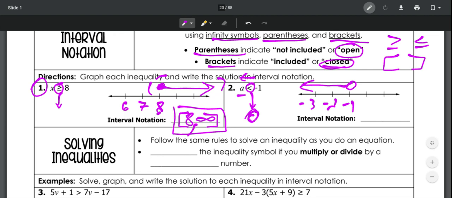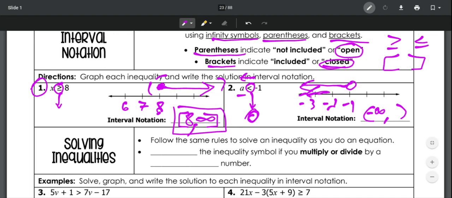Since it's an open point, we're going to use parentheses. Now, reading left to right, like we were reading a sentence, we're starting somewhere over here. And that goes everything less than -1 all the way to -infinity. So we're going to start with -infinity there.